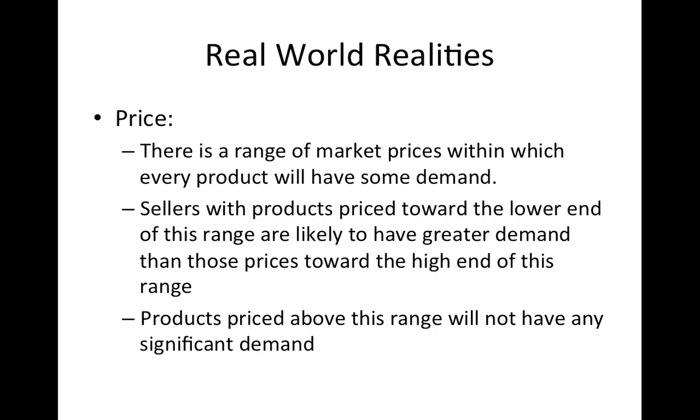If your prices are towards the lower end of the range, you are likely to have greater demand than prices at the higher end of the range, and therefore you're also likely to get more sales than those towards the high end of the range. And if your products are priced above the range, then you're probably not going to have much demand at all, and you probably won't have a lot of sales. You may still have some, or you may have none.